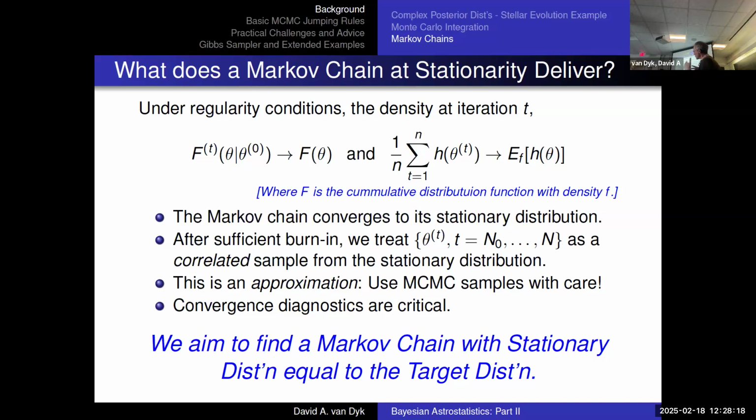And I'm saying pretend because it's mathematical convergence, right? It's asymptoting. You never quite get there. But once you're close enough, you don't worry about it. You chop it off and you pretend you're all there. And so we'll be talking quite a bit about convergence diagnostics to make sure we're doing that in a reasonable way.